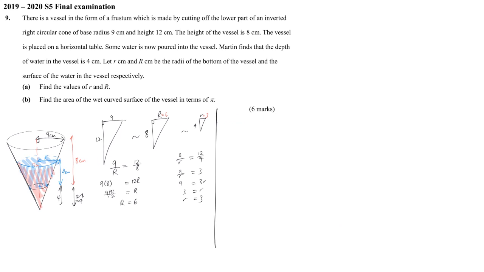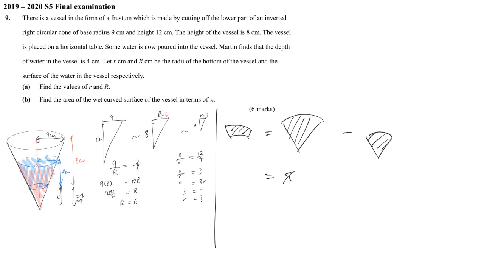So to get the final answer, the total surface area is equal to the cone curved surface area of the middle one, and then minus the smallest one's curved surface area. To do so, we need pi RL.